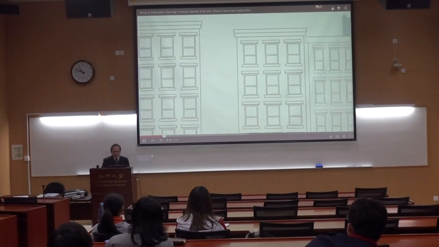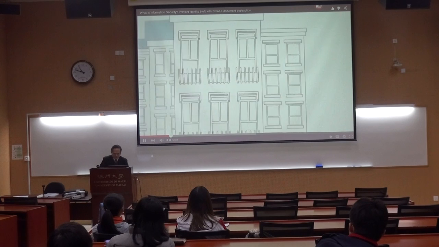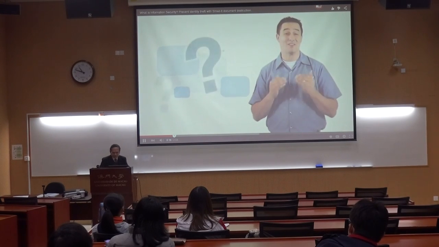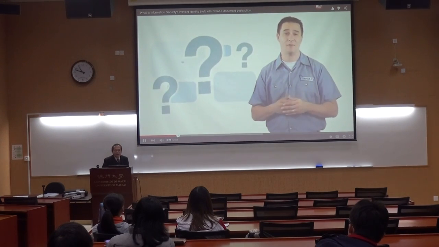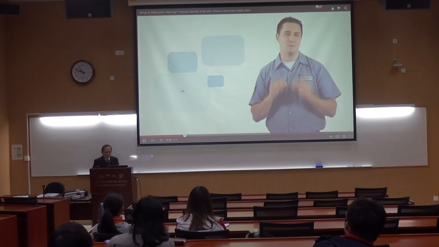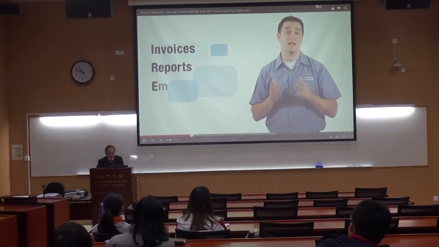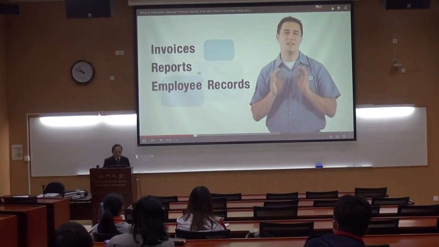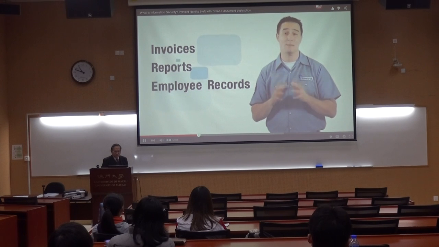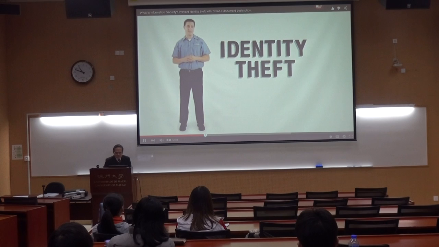In fact, the majority of security breaches happen in the workplace unintentionally. Many employees are still uninformed about the type of information that needs to be protected. The documents that put people and businesses at risk are things like invoices, reports, and employee records. Anything that shows customer, employee, or company information. And this is the stuff that can lead to identity theft, which is a huge problem today.